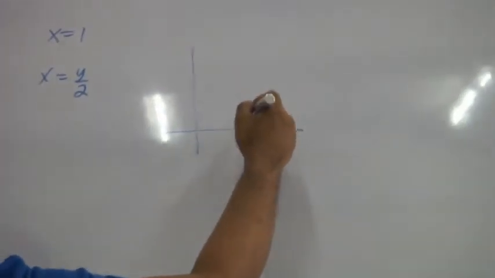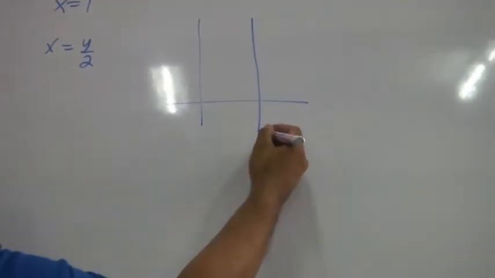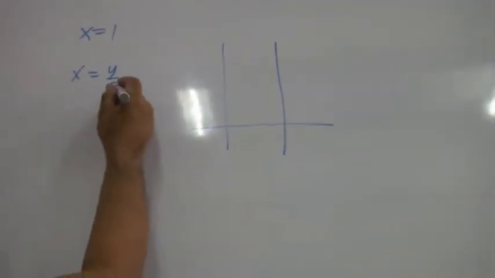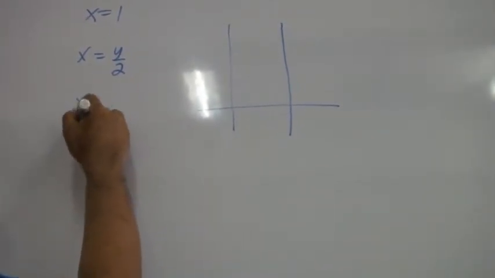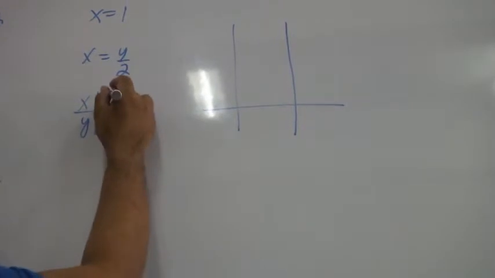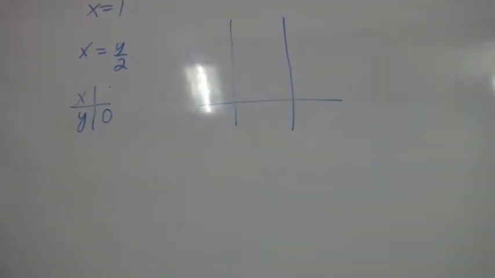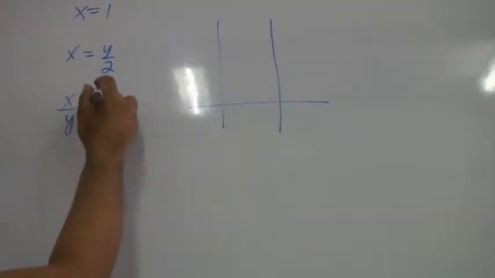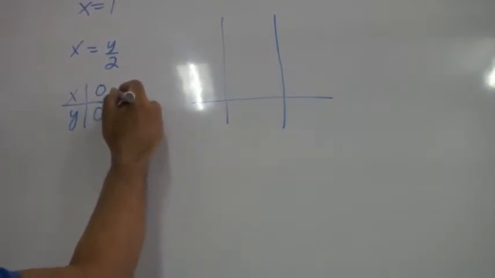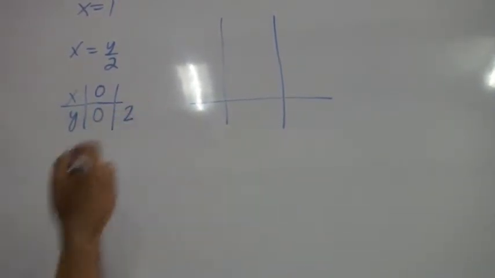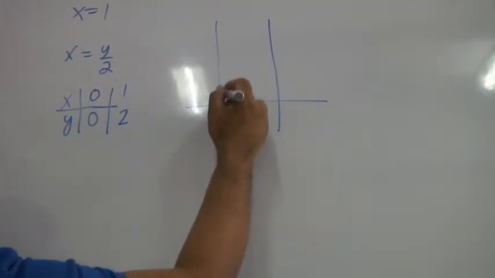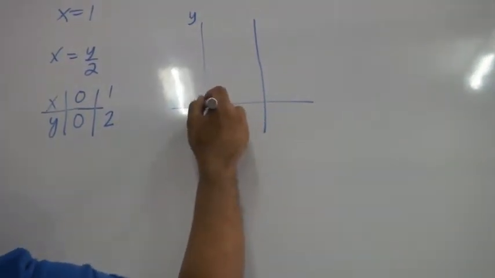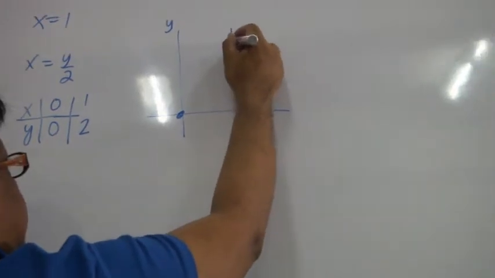So when x equals 1, let us have this as x equals 1. And then when x is equal to y over 2, we have again table values of x and y, where if y is 0, we can solve for x, and that is 0. If y is 2, then what is x? So it is equal to 1, okay? So this is now your point 0, 0, then we have this as 1.